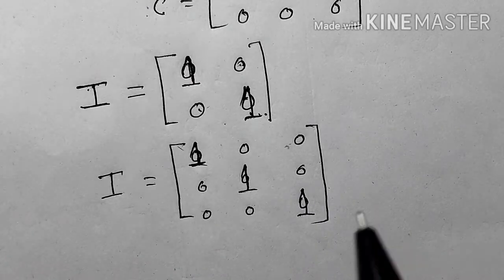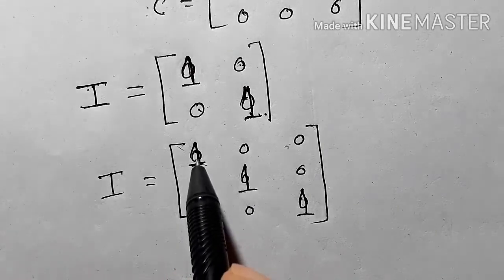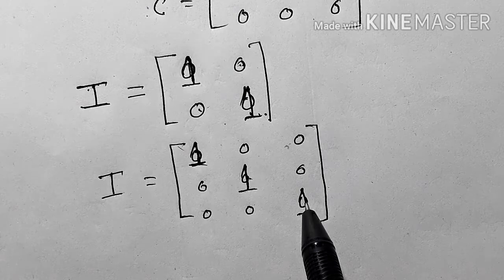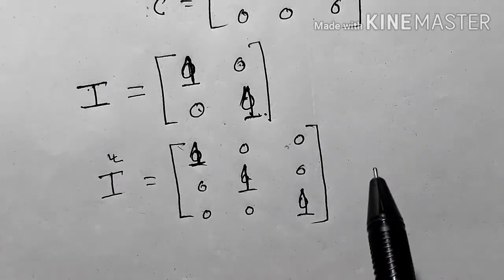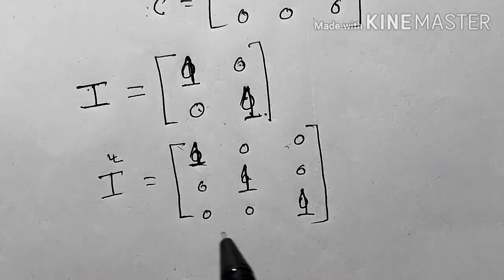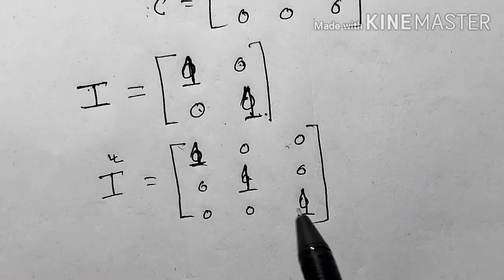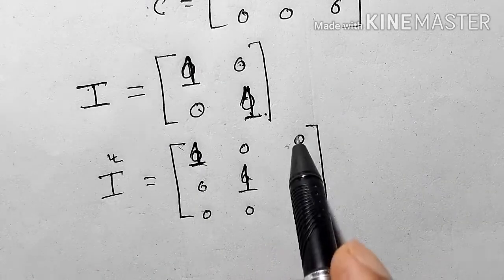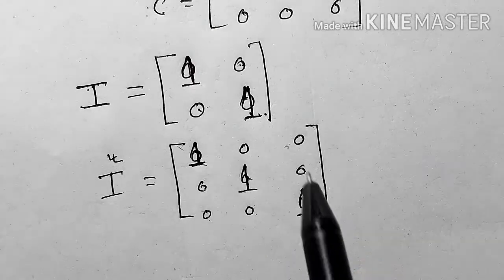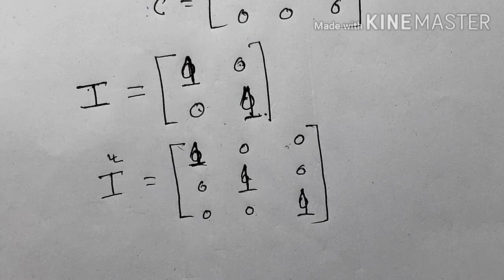Second condition, and the elements of the principal diagonal are 1. So there are 3 conditions for an identity matrix: the matrix must be square, the elements of the principal diagonal must be 1, and the other elements must be 0. This one is an identity matrix.